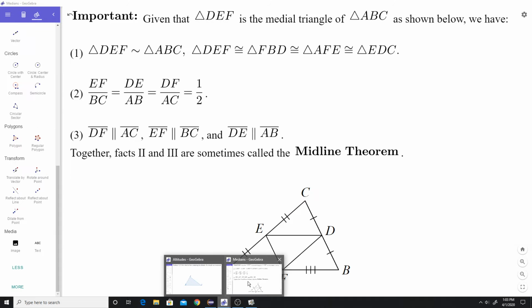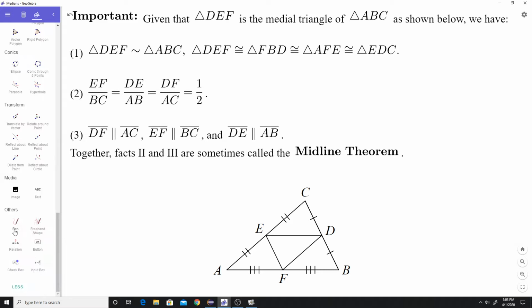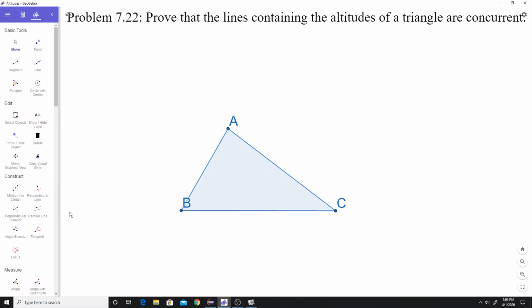So medial triangles have these properties. Most importantly, the thing that interests me the most is that these lines are parallel, that DF is parallel to AC, and EF is parallel to CB. Maybe that gives me an idea on how to start the construction of this medial triangle.